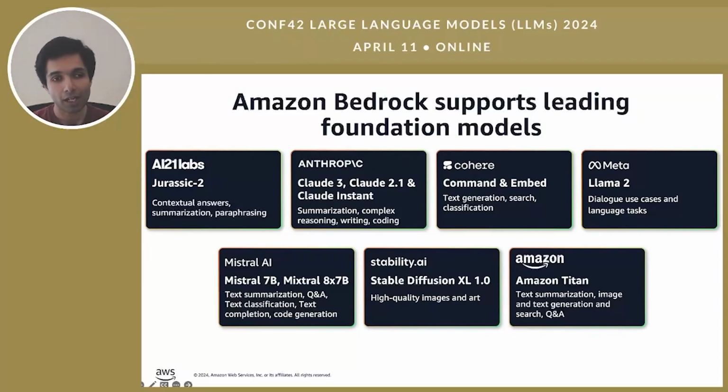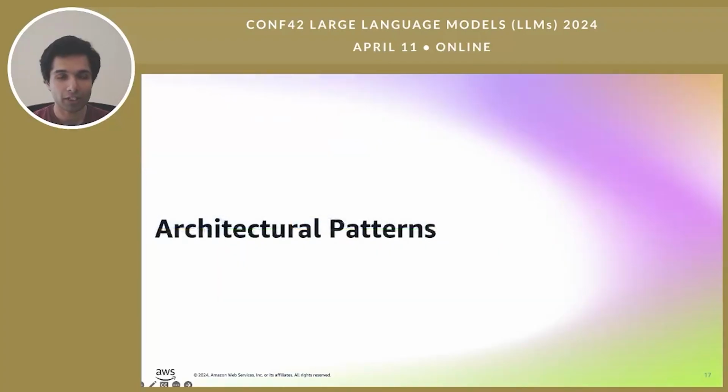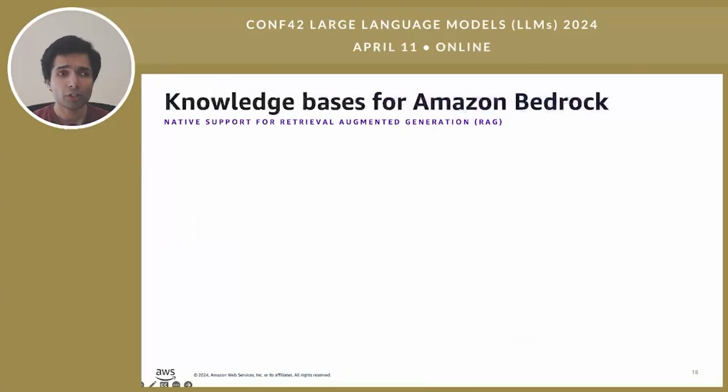Now let's talk about the architectural patterns that you have when using Amazon Bedrock. Obviously, with Amazon Bedrock, you have different knowledge bases for Amazon Bedrock, which you will be using. And to equip a foundation model with up-to-date proprietary information, organizations often talk about retrieval augmented generation.